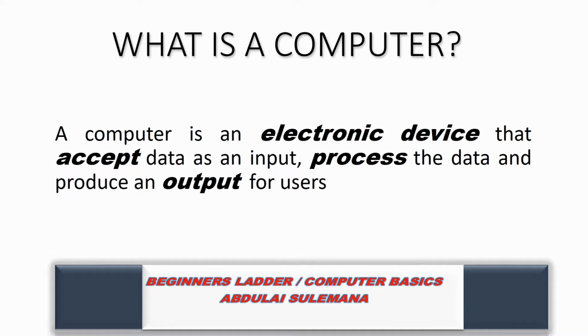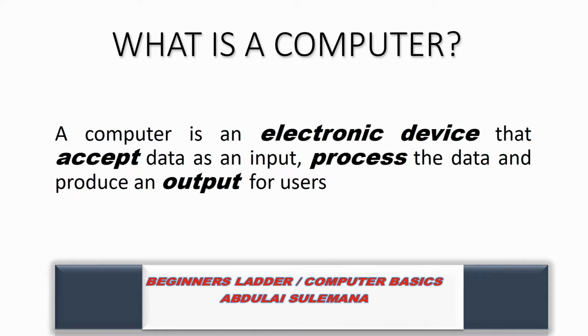I also mentioned process. When they say process, it's just about doing arithmetic calculations or operations on raw data to get a meaningful output from that. So before this can be done, it means that the computer should be able to reason.